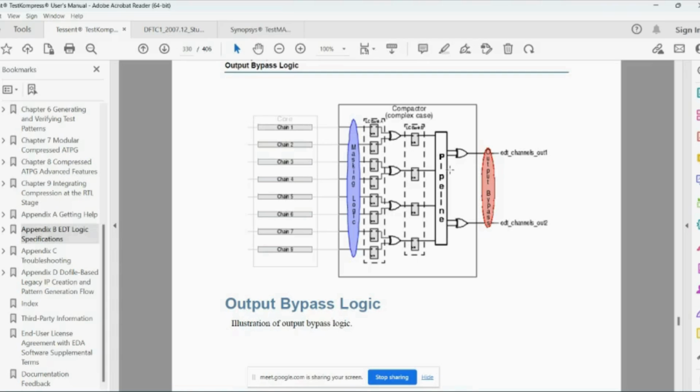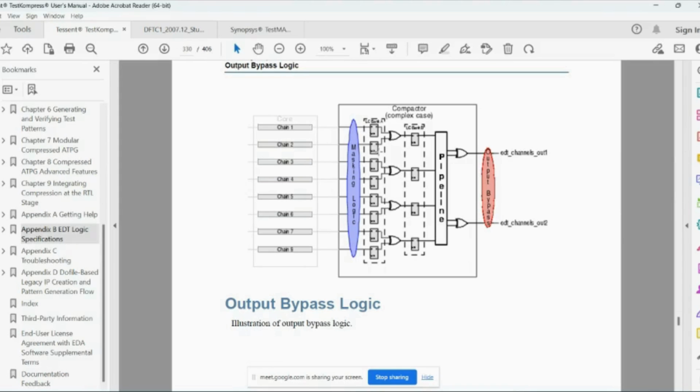And again, these two outputs are concatenated to one more XOR. So the levels of XOR gates will increase depending on the number of input subchains and number of output channels. Ultimately, you want to bring out through those channels all the chain outputs.